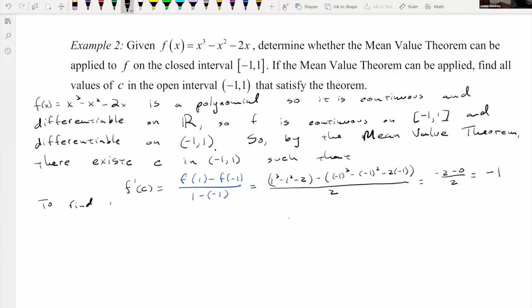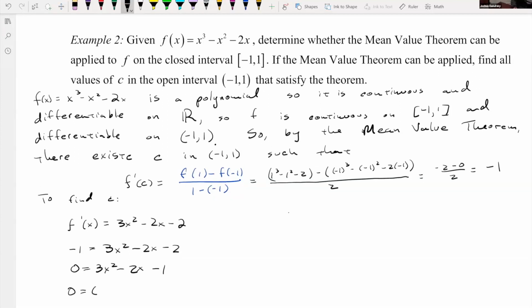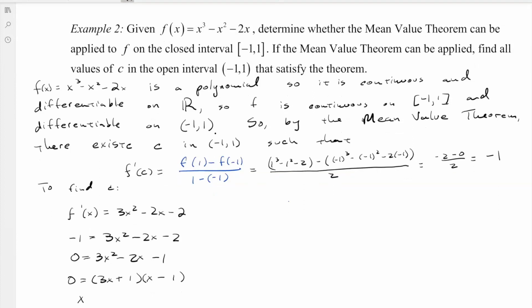To find C, we're going to take the derivative, which looks like this, and we're going to set it equal to that negative 1. That factors. So x equals negative 1/3 and 1.